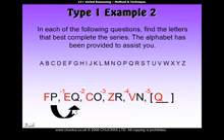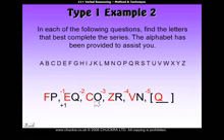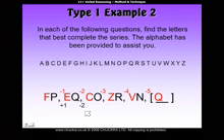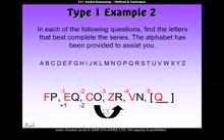From P to Q, that's just forward 1, so we can write +1. From Q to O, that's backwards 1, 2, so backwards 2, we could put it down as -2. Then from O to R is forwards 1, 2, 3, so +3.